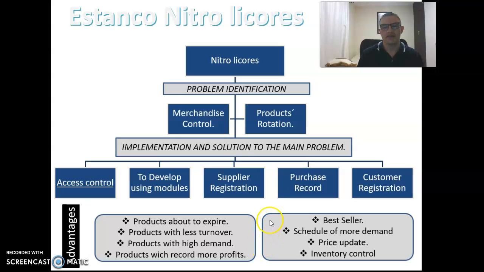Another advantage is seller feedback on more demand, price update, and inventory control.